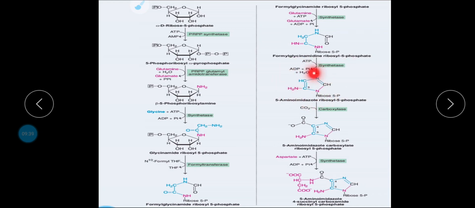So this is the first cyclization after entry of glutamine, glycine, formyl and again glutamine. The first cycle or first ring is completed.